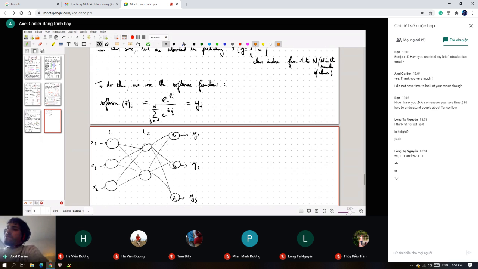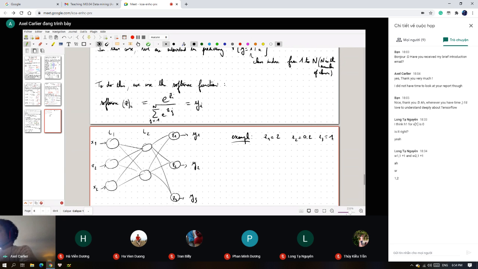Intuitively, what happens when you do the softmax? Suppose, for example, we have Z1 equals 2, Z2 equals 0.2, and Z3 equals 1.